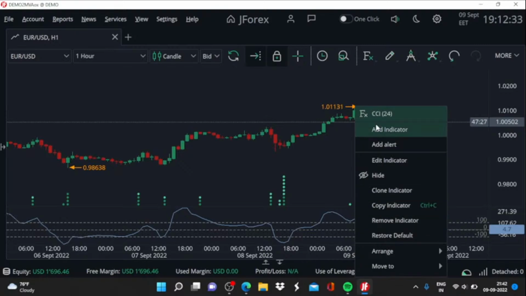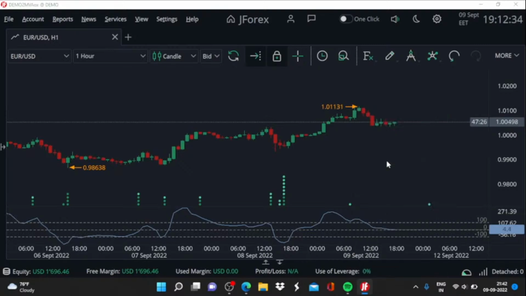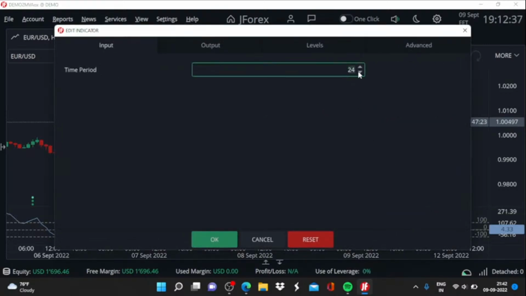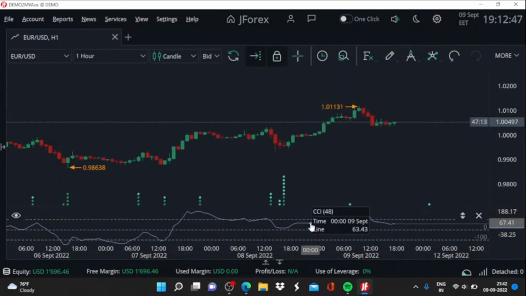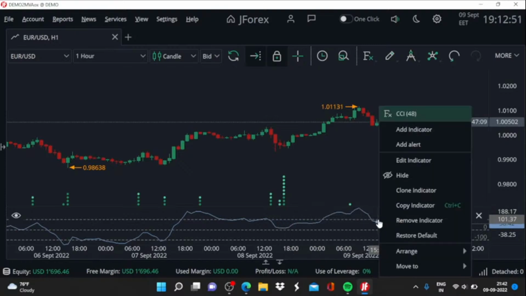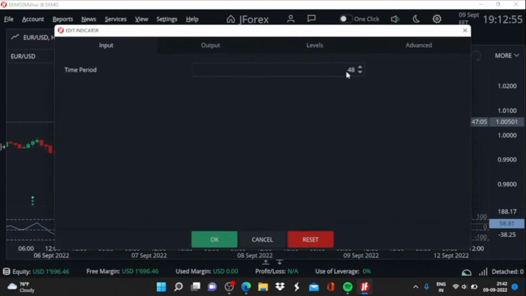So whatever is the time period for customization, you can put it in. If you want to take into consideration 2 days worth of data, then all you have to do is take 48 as the time period when you are using the CCI on the hourly candle period. And if you simply want to consider the lower time frame data, as usual, you can revert it back to 14.